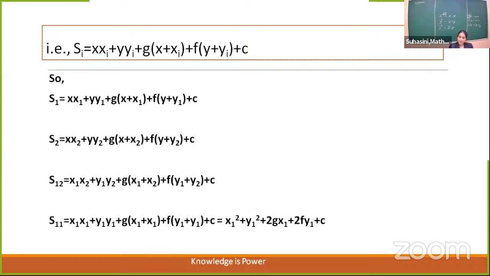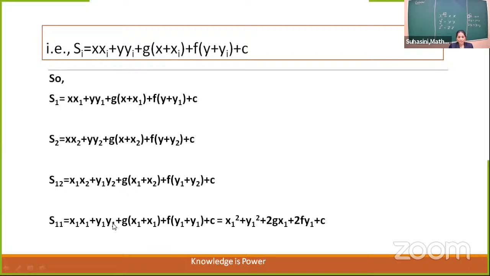Now, let us see what happens if we substitute the same suffixes. In S12, for the first term the suffix is 1 and the second suffix is 2. But here you observe in S11, both suffixes are the same, 1. So it takes the same suffix in the variables: x1 into x1 and y1 into y1 plus g times x1 plus x1 plus f times y1 plus y1 plus c. What is x1 into x1? x1 square.